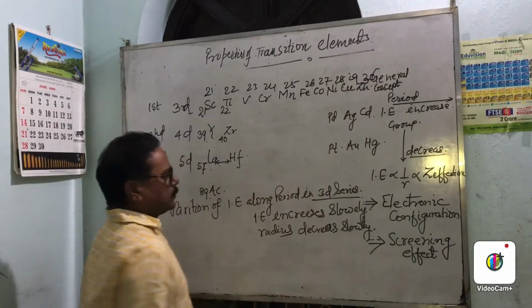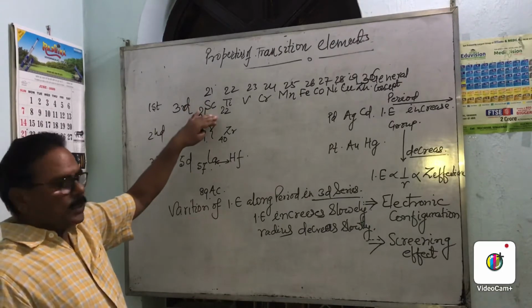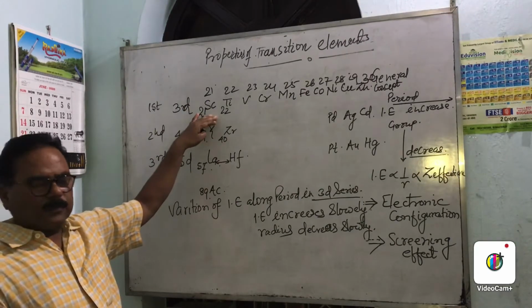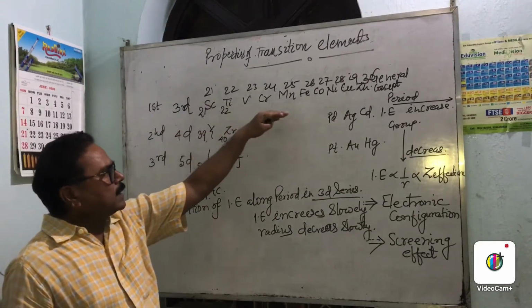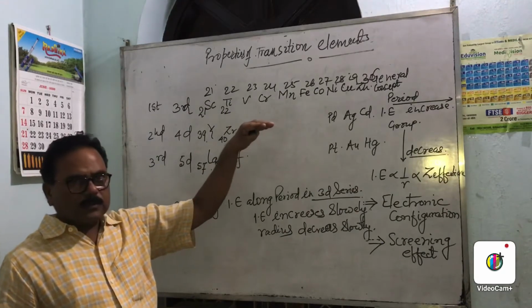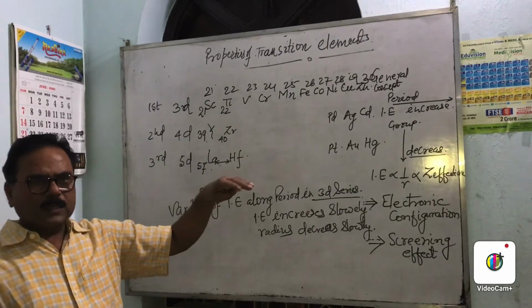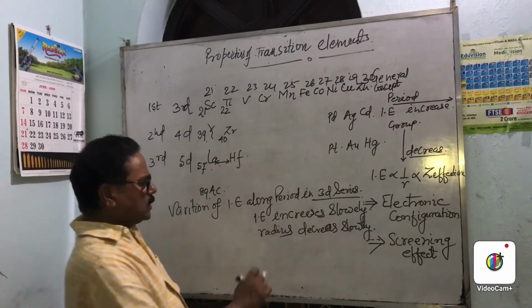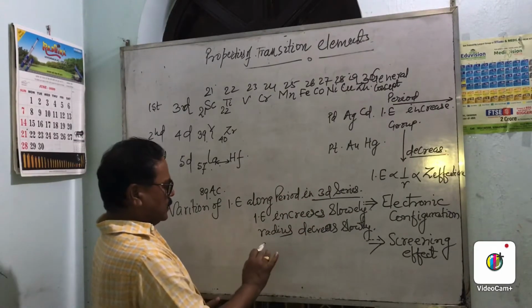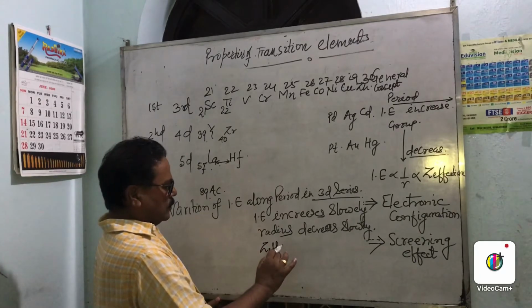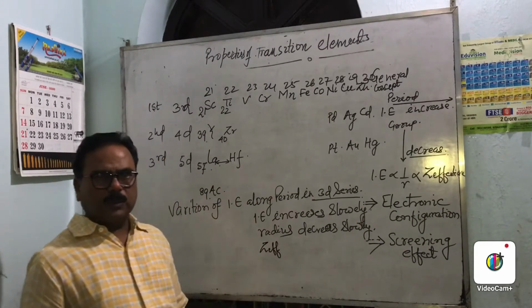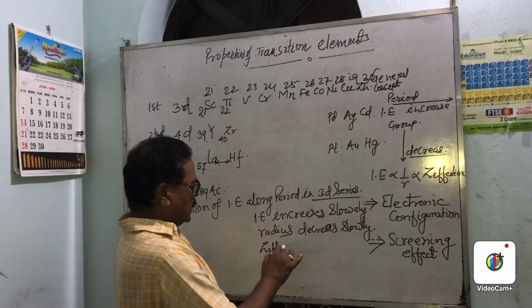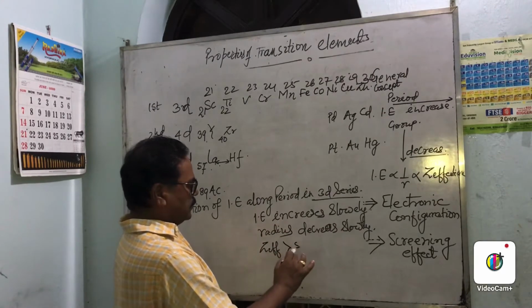As soon as electrons enter the d orbital, the screening effect increases, and the effective nuclear charge Z effective is more.